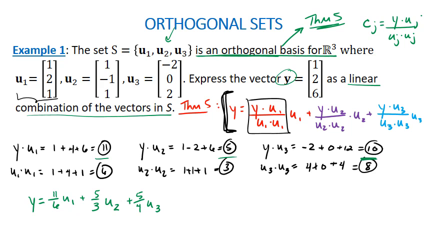Instead of writing u1, u2, u3, I can actually write them as vectors. So y is equal to 11/6 times this, plus this, and this.